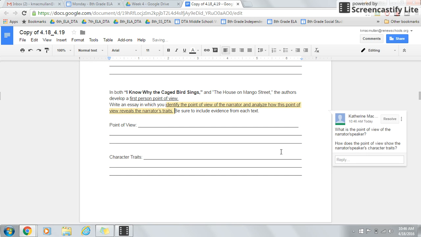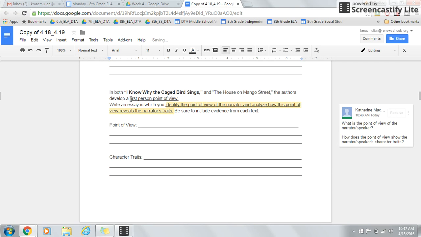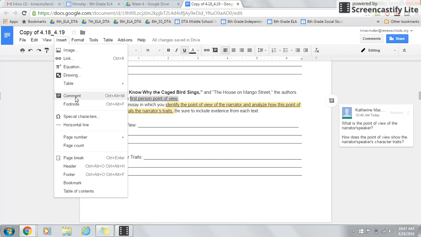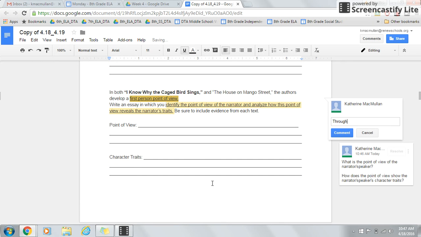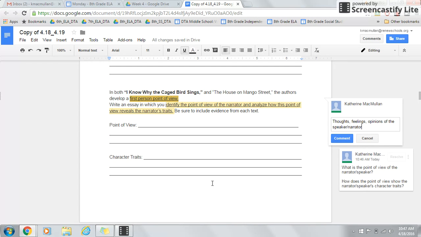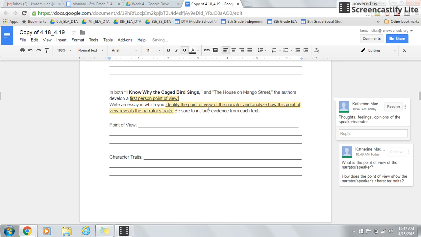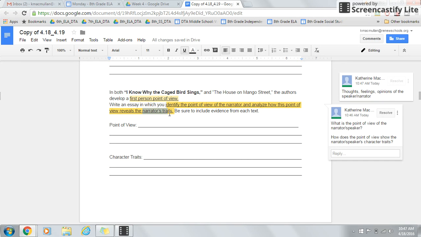What do we need to know? We need to know that first person point of view is going to give us the thoughts and feelings of the speaker or the narrator. We want to analyze how this point of view reveals the narrator's traits.